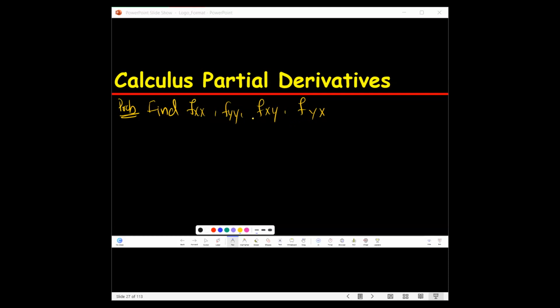So fyy, fxy, and fyx, pretty much all kinds of combinations for the function. The function given is 3xy squared, minus 2y plus 5x squared y squared.